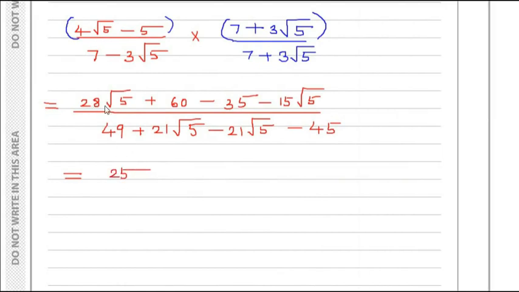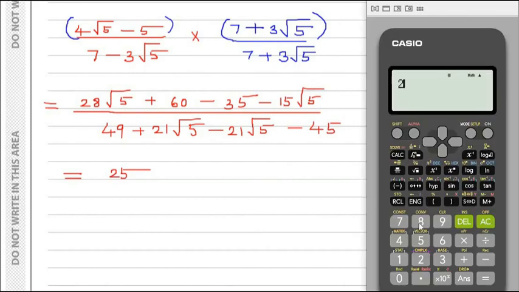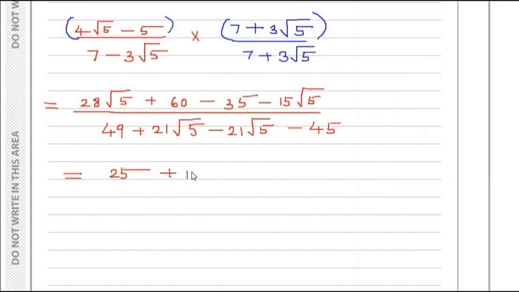And 28√5 minus 15√5 gives us plus 13√5, divided by, as you can see, plus 21√5 and minus 21√5 will cancel out each other. So we are left with 49 minus 45, which gives us 4.